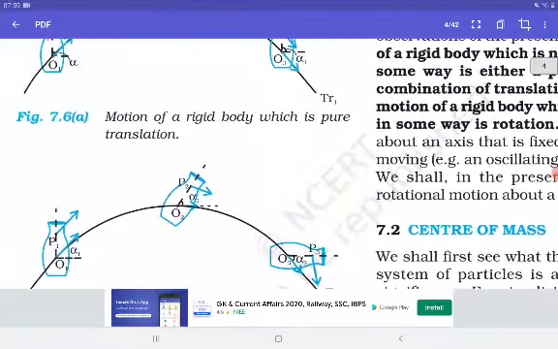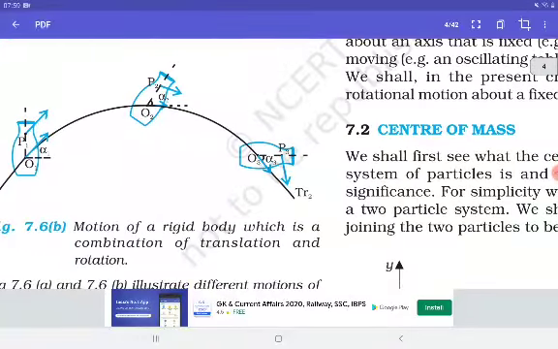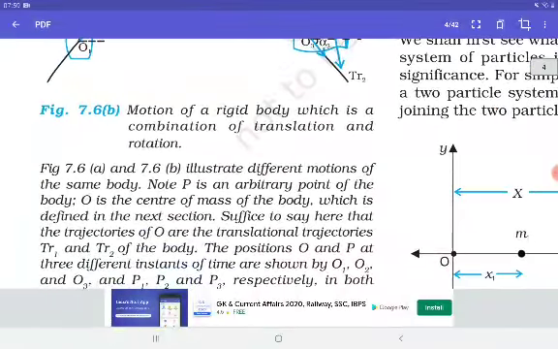Here we have motion of a rigid body which is a pure translation, and motion of a rigid body which is a combination of translation and rotation. Figures 7.6a and 7.6b illustrate different motions of the same body. Note, P is an arbitrary point of the body.